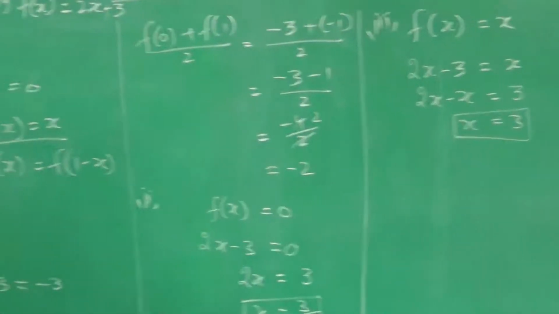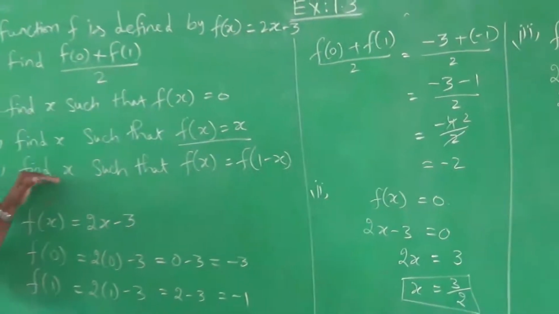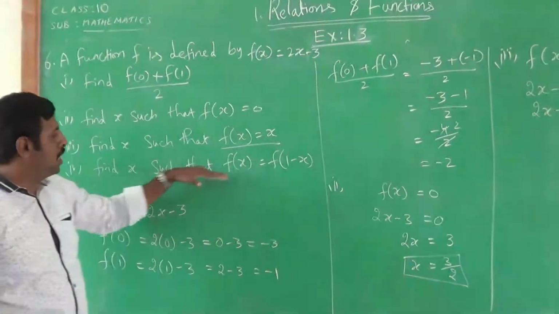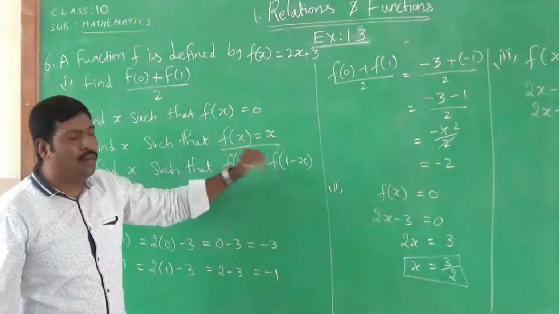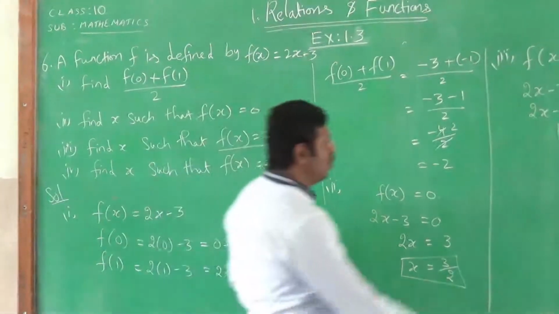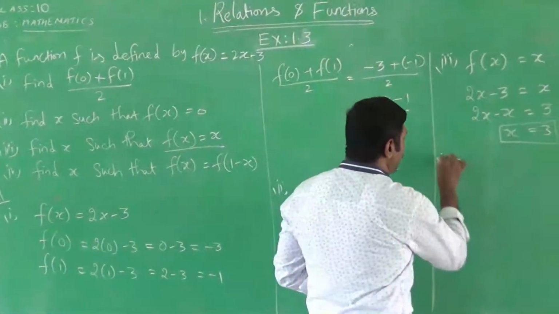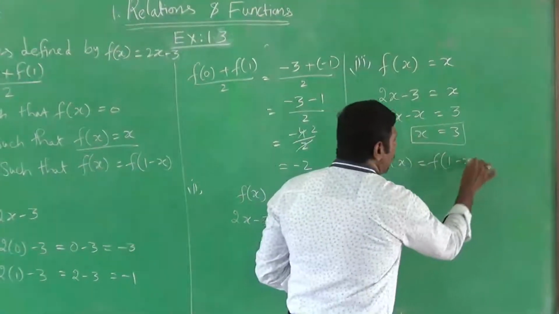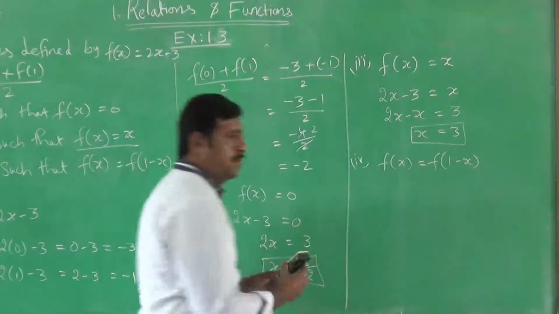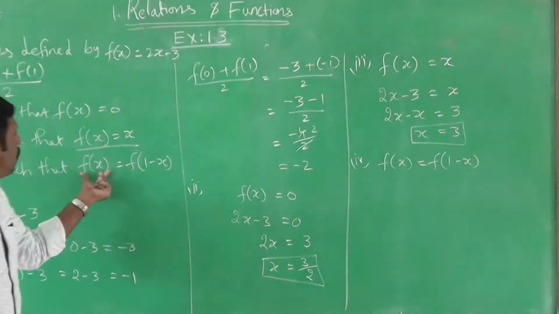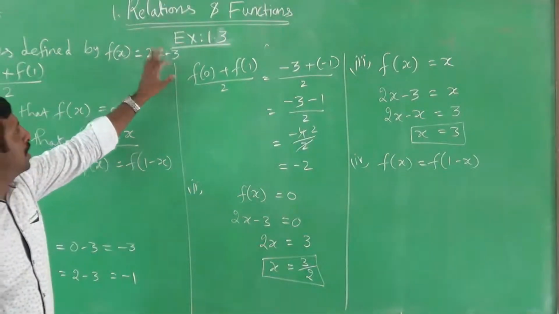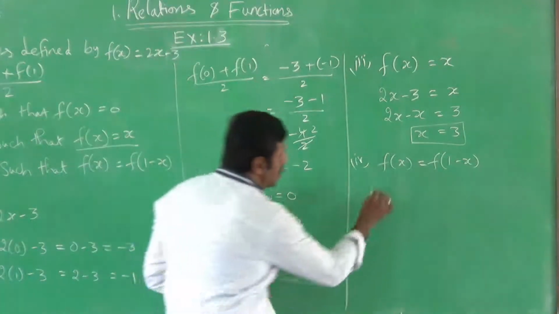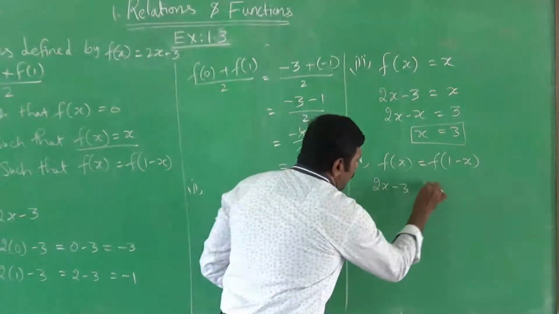Now we see the fourth Roman number. Here the fourth Roman number, find x such that f of x is equal to f of 1 minus x. The fourth Roman number is f of x is equal to f of 1 minus x. Now see that f of x is given as 2x minus 3. I write the given function as it is, 2x minus 3.